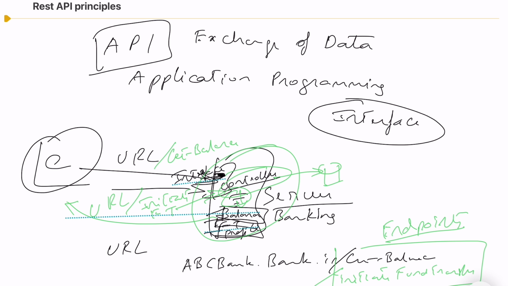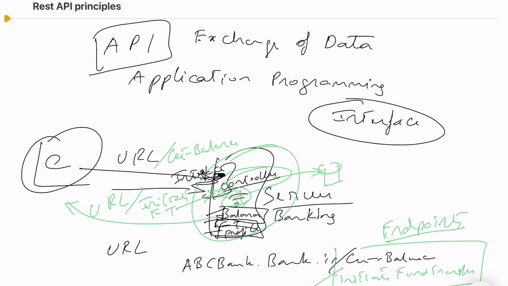Now, maximum APIs used in this world are following a format called REST, which is representational state transfer. Now it has certain principles why it is called REST.